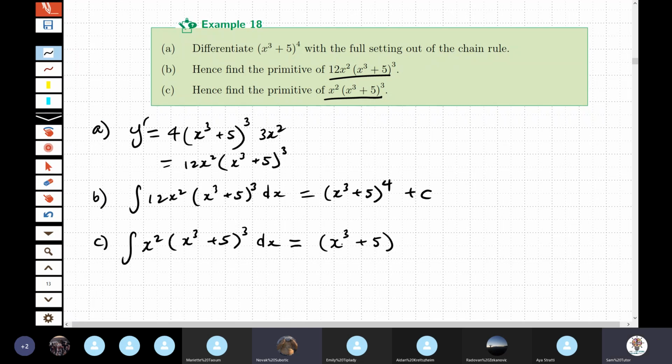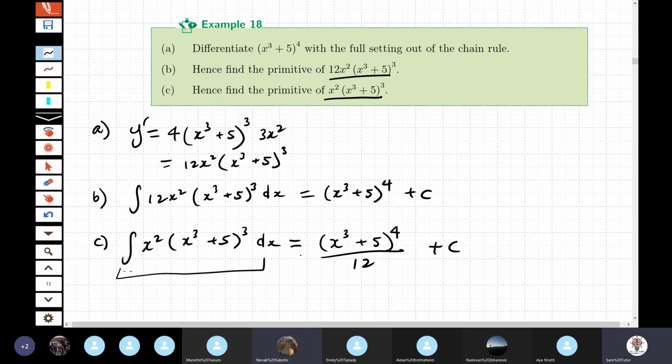No. x cubed plus 5 to the power of 4 over 12. It's this one. That's the question, x squared, x cubed plus 5 power of 3. That was the question. You're trying to find the integral of this.